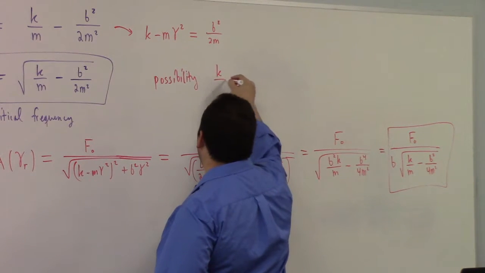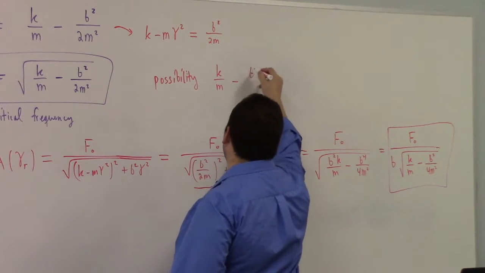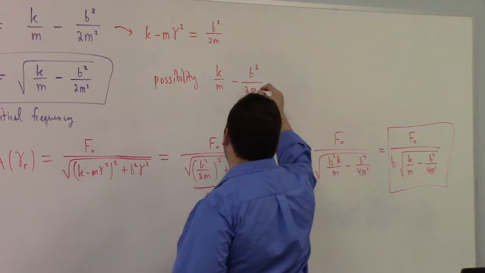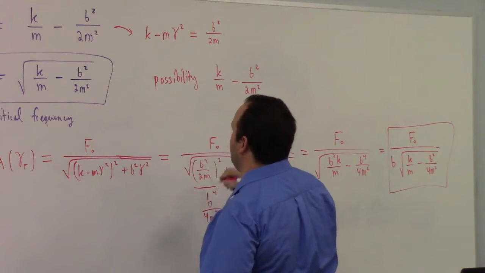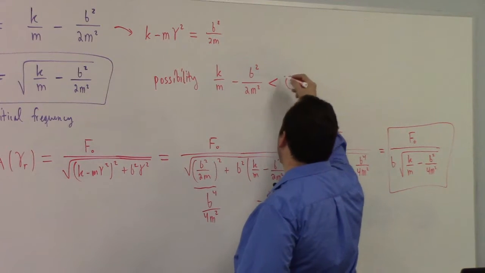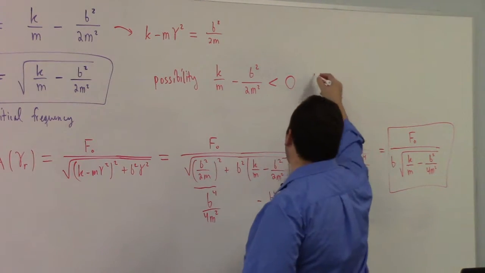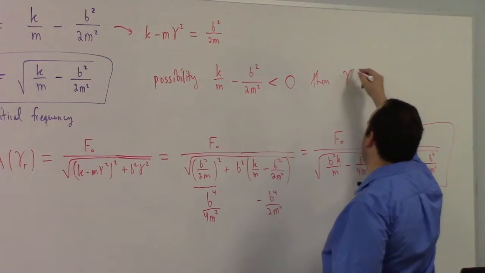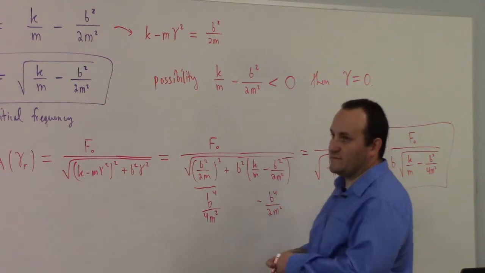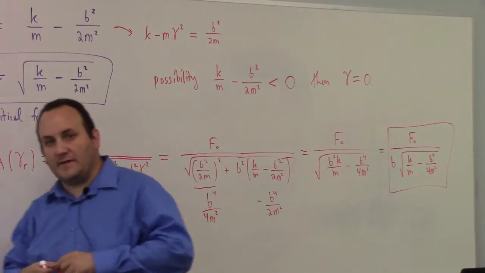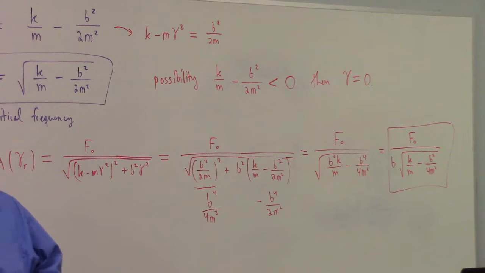We could have that k over m minus b squared over 2m squared is less than 0, right? So then gamma equals 0 gives you the maximum in that case. Or is it the minimum?